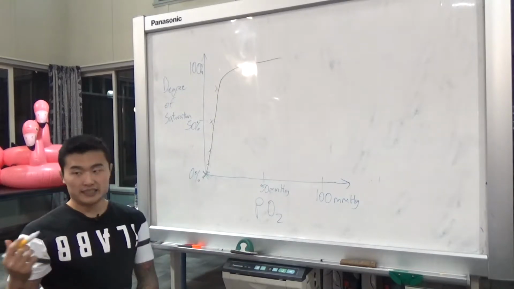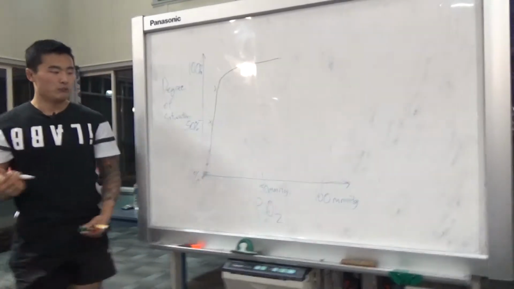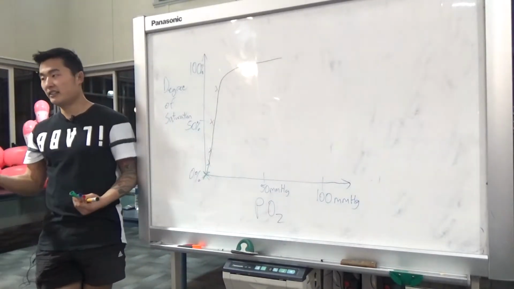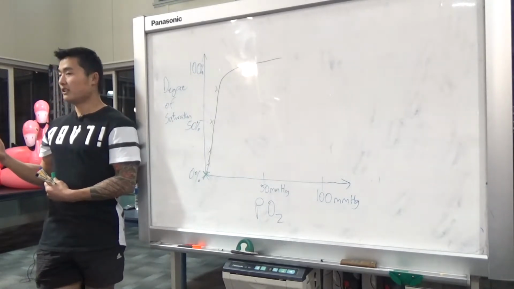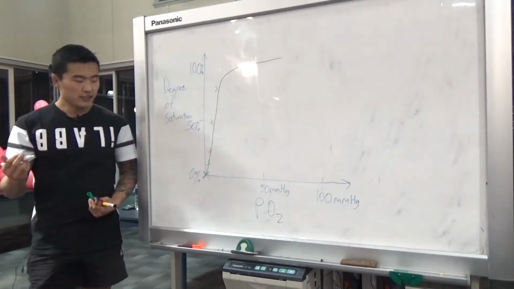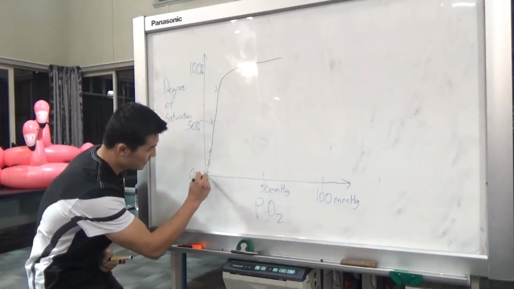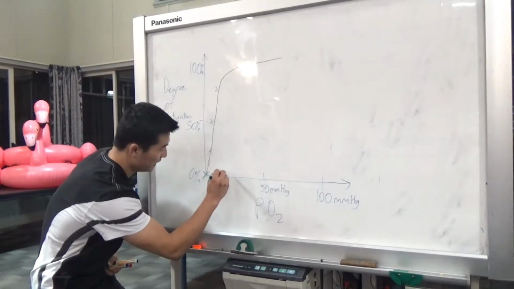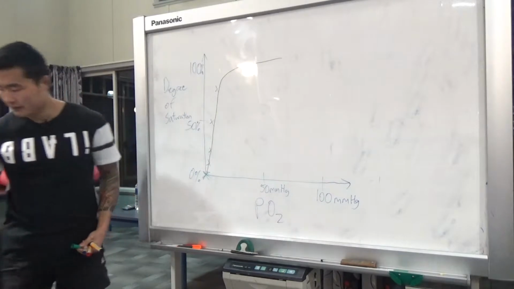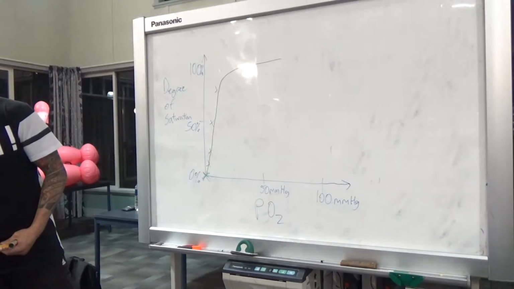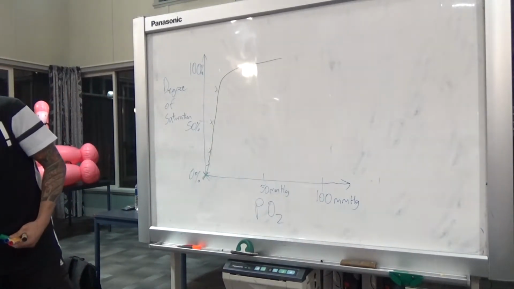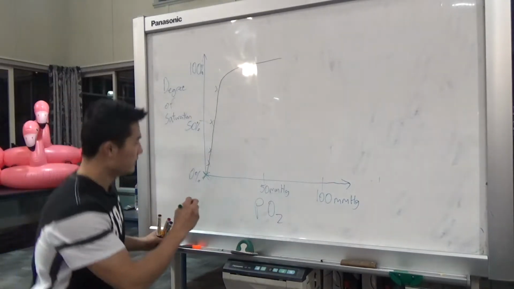But when you introduce some oxygen, so let's say now it's 1 millimeter of mercury of oxygen, it doesn't really increase that much. So even if you get to about 10 millimeters of mercury, it doesn't really change that much.